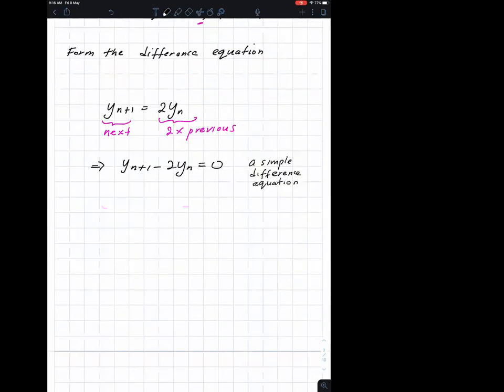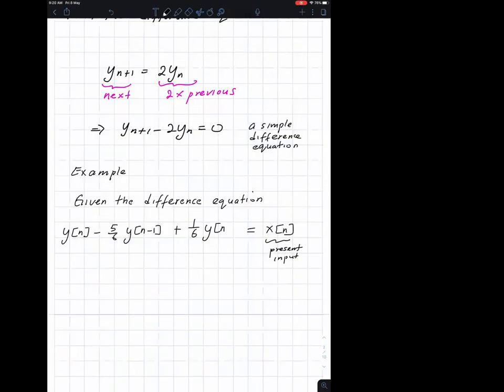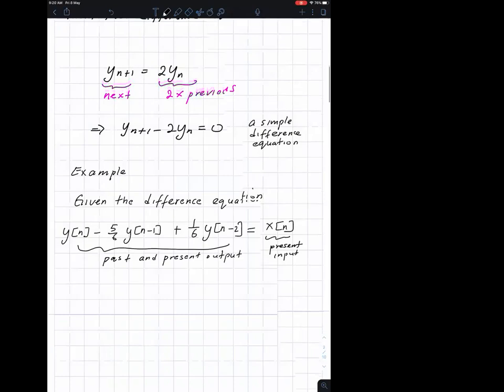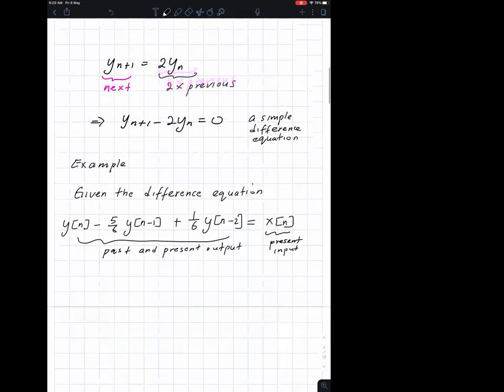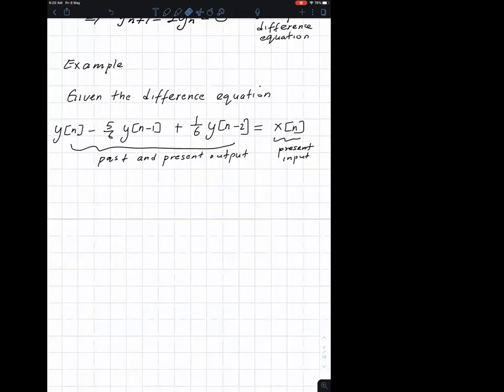Now we look at how to solve a difference equation, with past and present output. We are doing the same thing that we did for the differential equation.